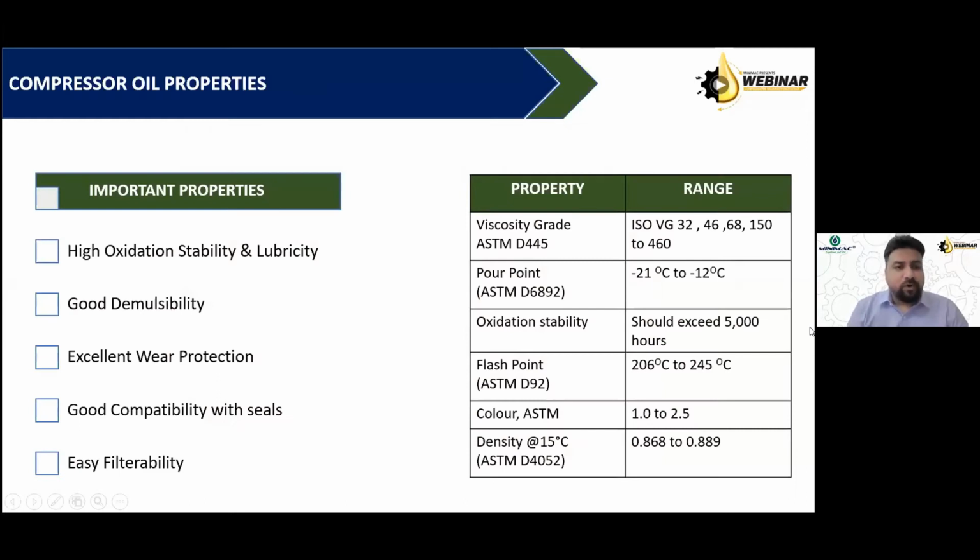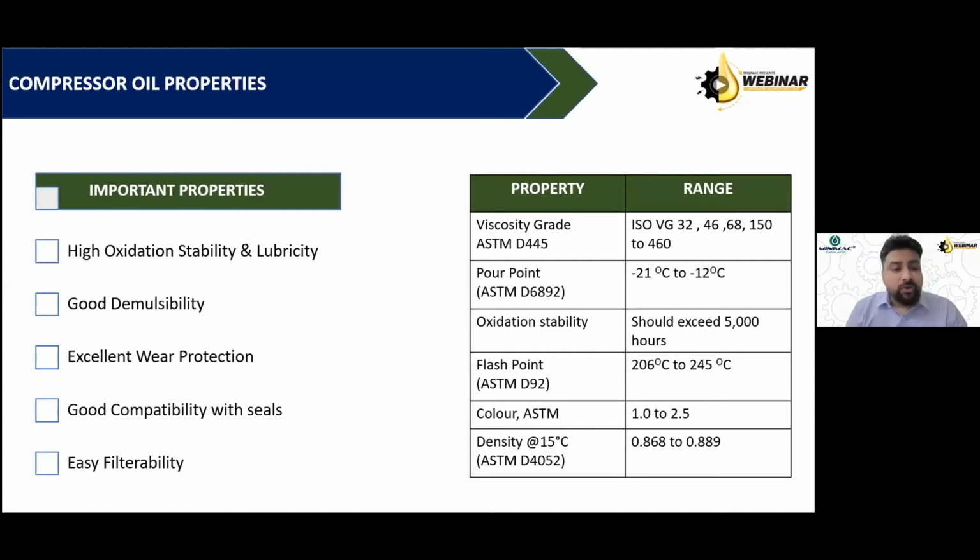Moving to compressor oil properties, there are certain standard properties which any lubricant company would like to offer, like high oxidation stability, because this oil would be subjected to water contamination and certain gaseous contaminations. There would be acid content coming in, so oxidation stability should be high.